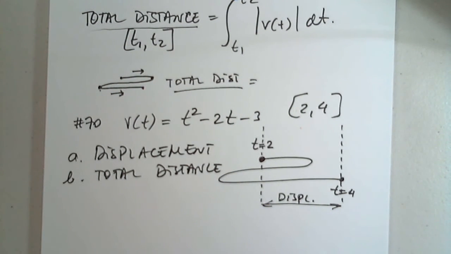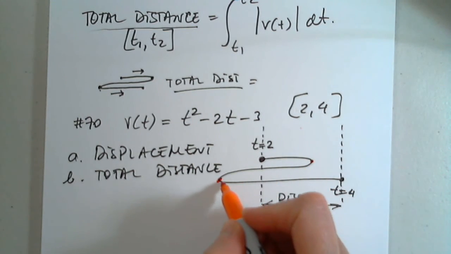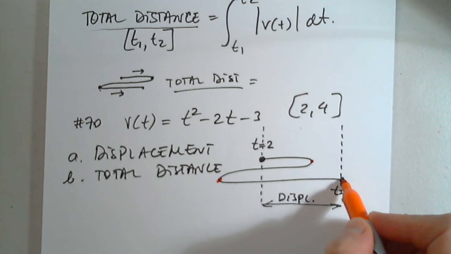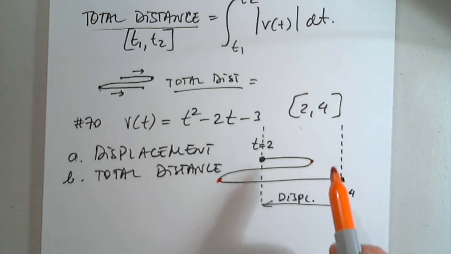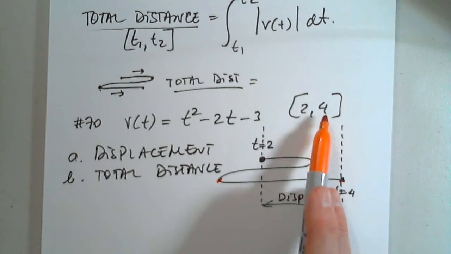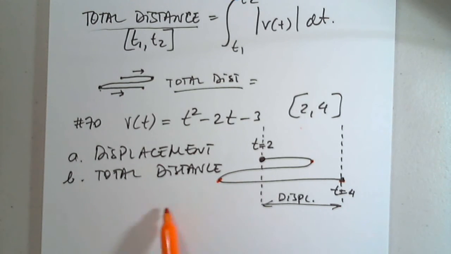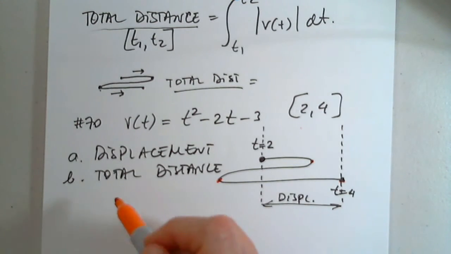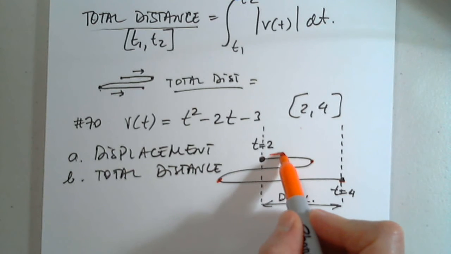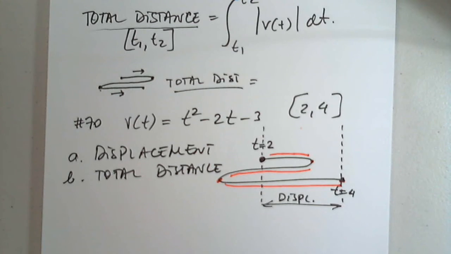The total distance will be this piece plus this piece plus this piece. The displacement is where the function lands after 4 seconds. It could be here, I don't know. It could be here. So the displacement could be negative, or it could be positive. But the total distance adds up this distance plus this distance plus this distance. Okay, so let's see how we determine that.